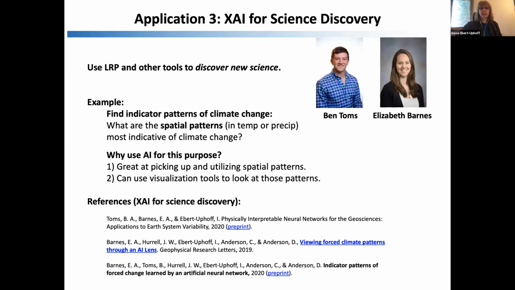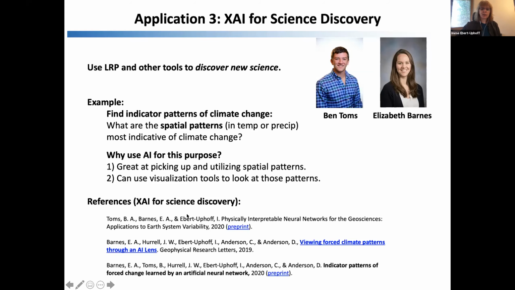All right. I just have 1 slide, and then we'll take a break for questions again. This slide is just some references to the wonderful work initiated by Libby Barnes, who realized pretty early on that you could use neural networks to discover new science. And Ben Toms was the one who found LRP as a great tool for earth sciences.